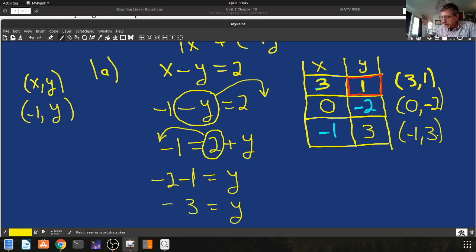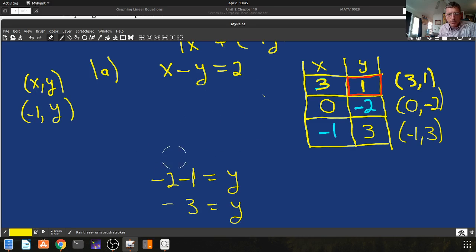Well, one way to check them is literally just to look at our original equation, which is again this, and we can plug in each one of those values for x and y and make sure they're true. If I plug in 3 for x and 1 for y, it's true.